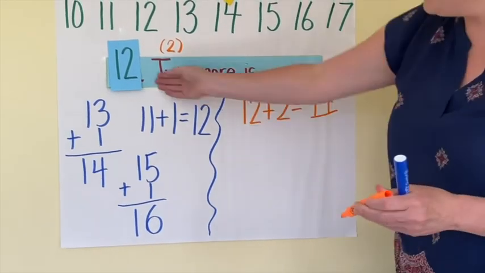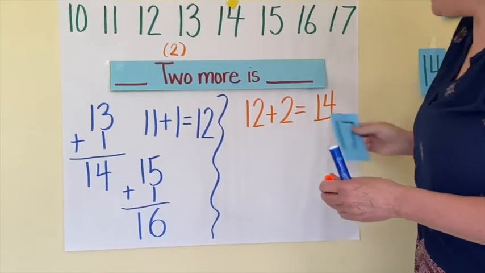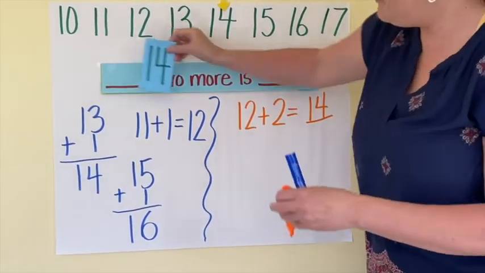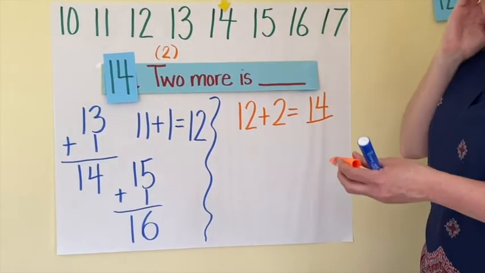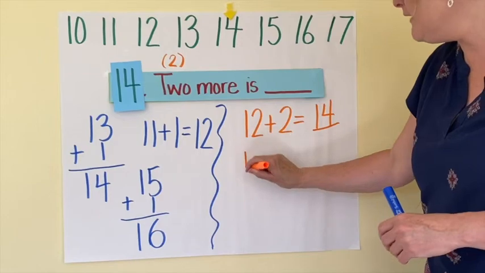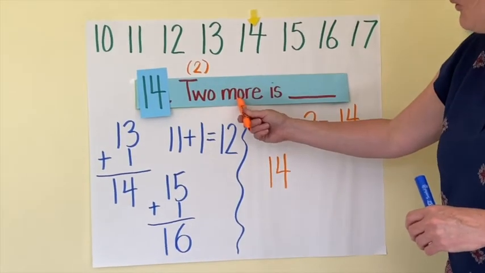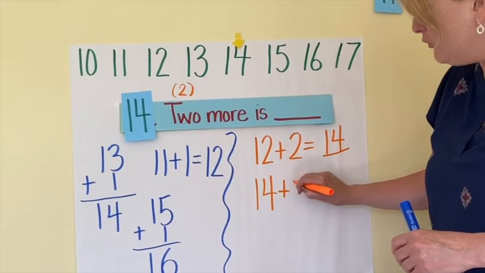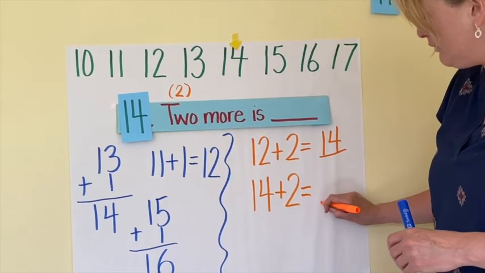All right, let's try another number. The number is 14. Okay, so let's write that down. 14. 2 more is, so that means plus 2. We're adding 2 equals blank.